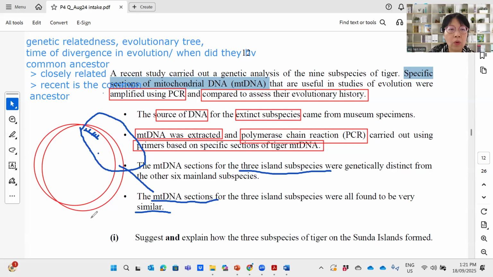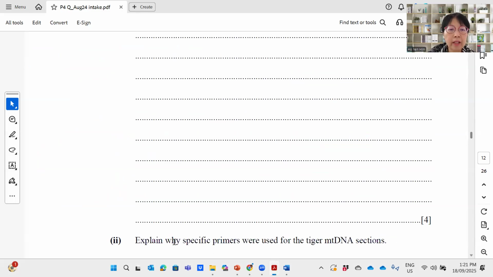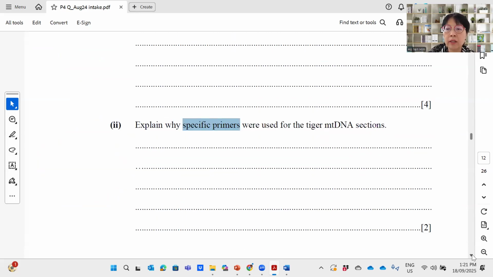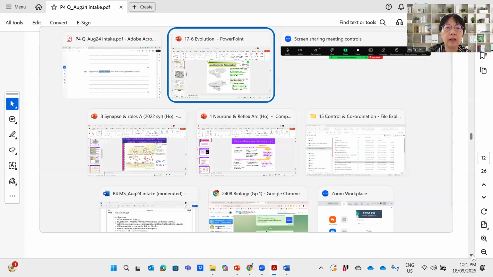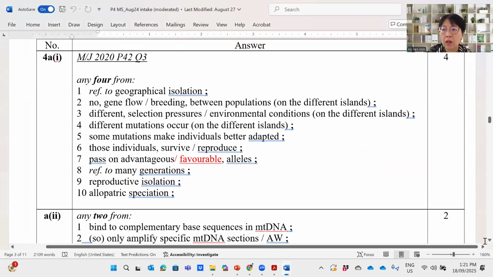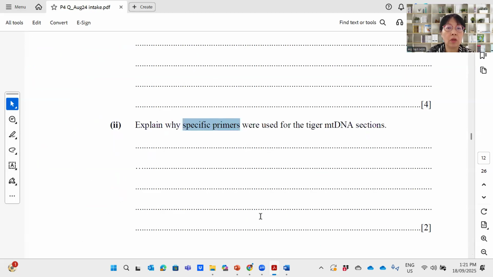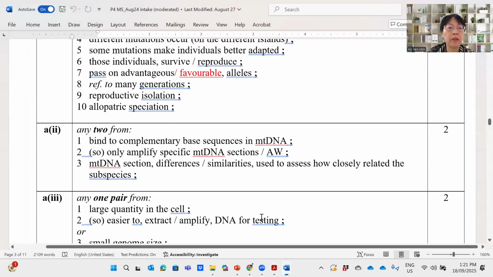So let's look at the question. Explain why specific primers were used for the tiger mtDNA sections. 2 marks. So let's look at the mark scheme. Why do we use specific primers?